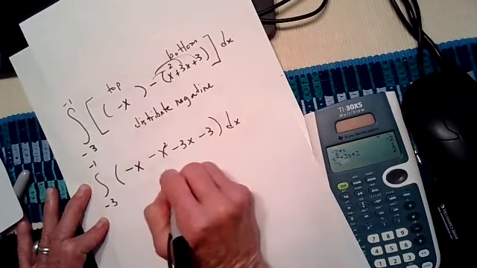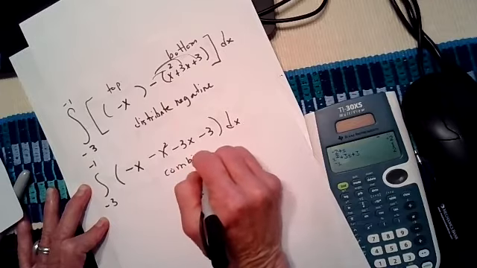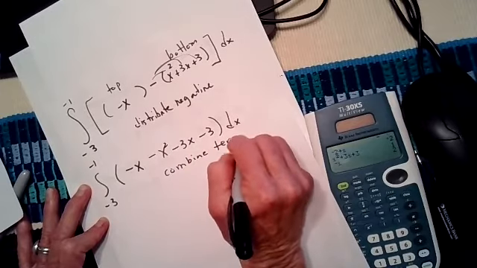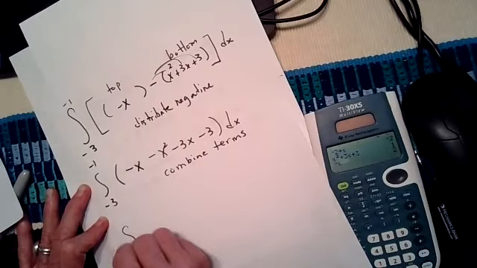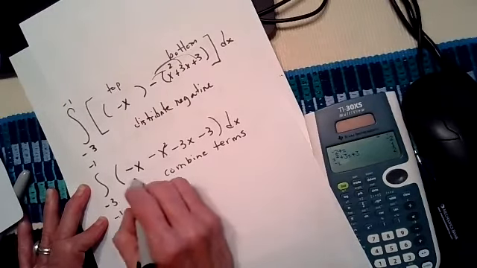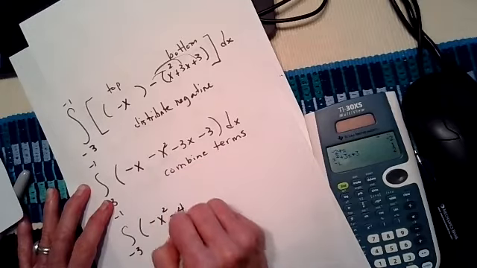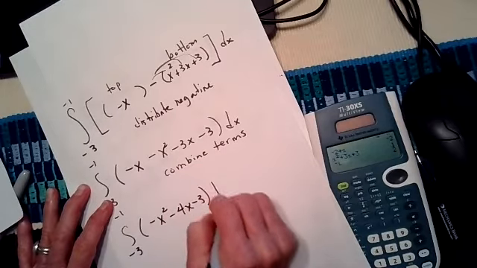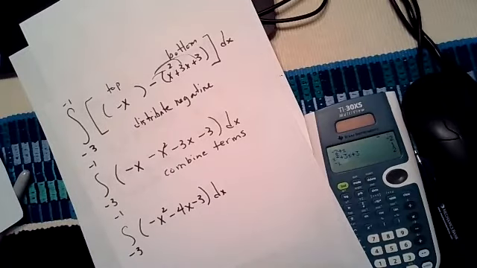And we're going to combine like terms. So that's the integral from -3 to -1 of -x squared minus x minus 3x. Shoo! And so that's what I've got.